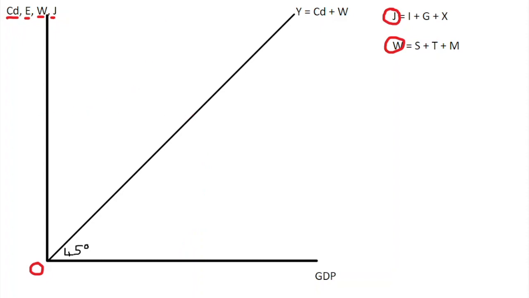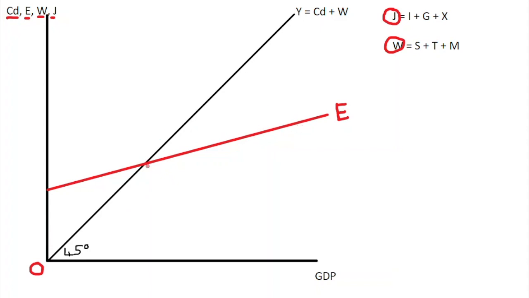Now, what we see is that we can map out spending in the economy using the following type of graph. So we have a line here, and what we are going to call this line is expenditure. And that expenditure line is a different slope to our 45-degree line, because not all money that's earned is spent in the economy.